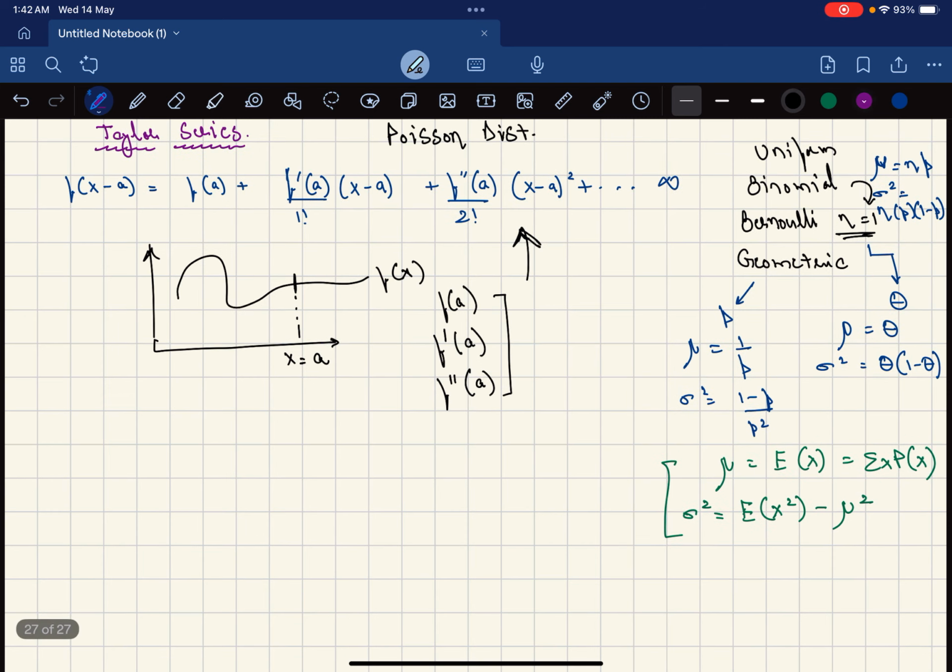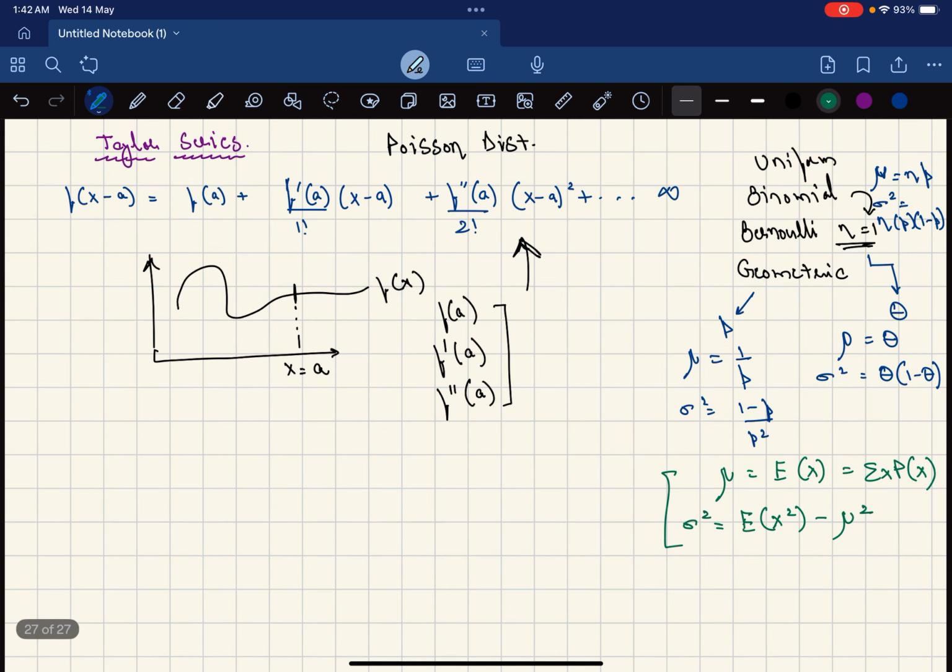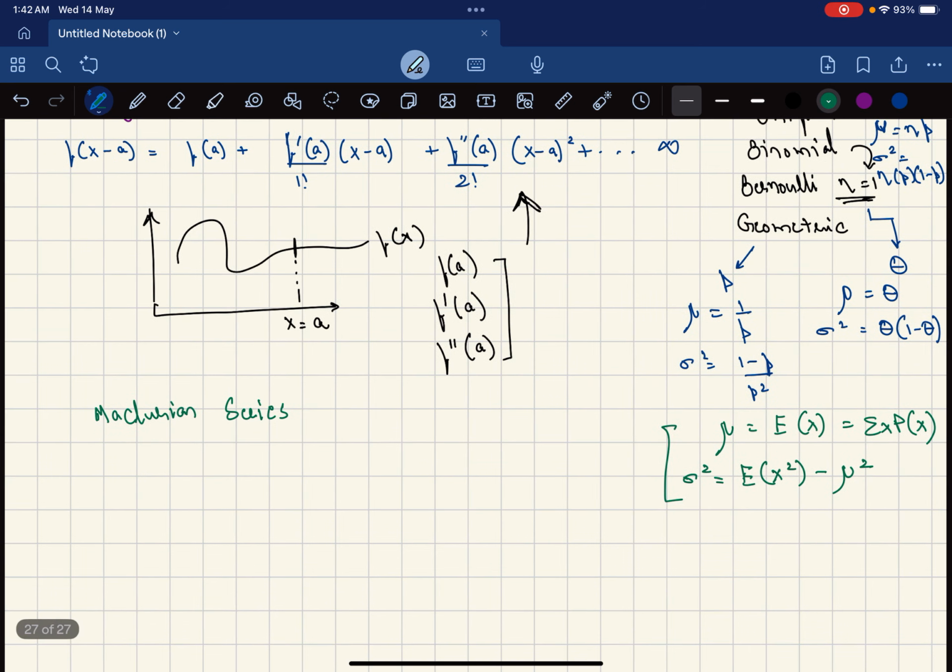Now another generic definition of a Taylor series is something called a Maclaurin series. What this does is it gives you the generic definition of the function itself in terms of infinite terms. So what we do here is we simply put a equal to 0. If we put a equal to 0 in the Taylor series, it becomes a Maclaurin series.